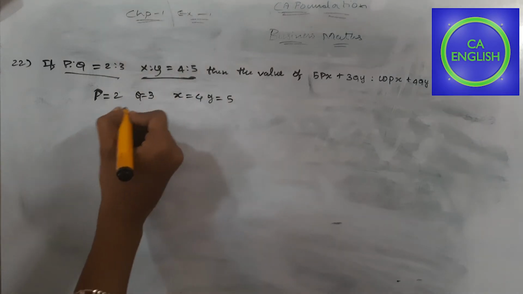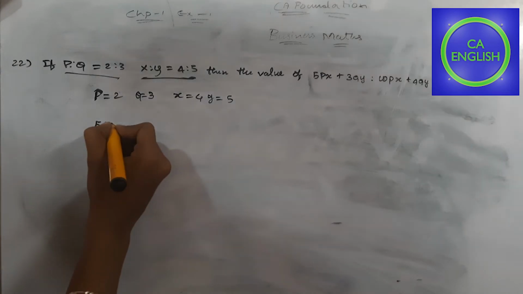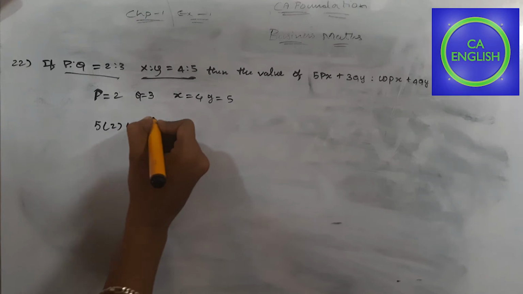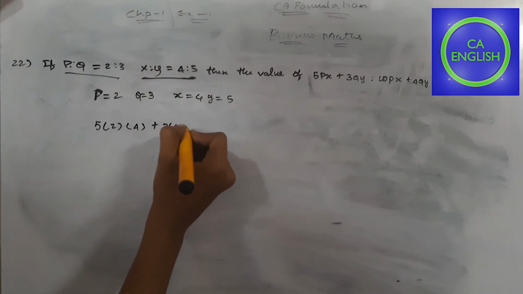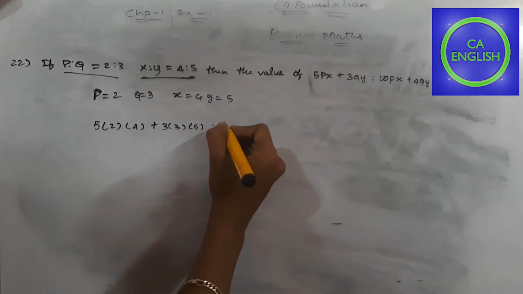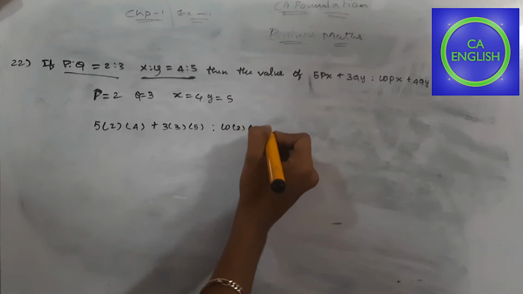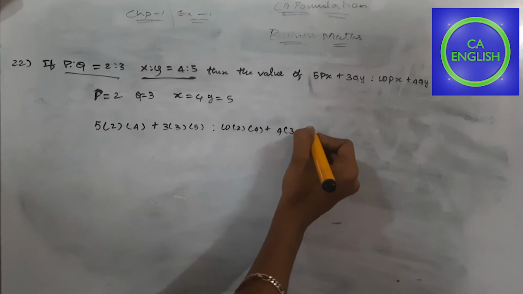Okay, the given equation is here, we just apply 5 into p stands for 2, into 4 plus 3 into 3 into 5 is to 10 into 2 into 4 plus 4 into 3 into 5.